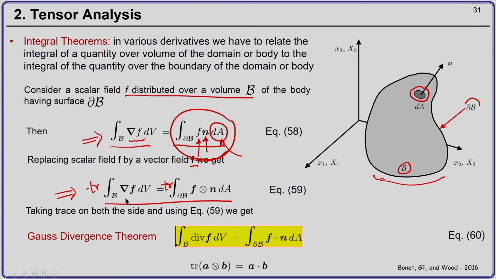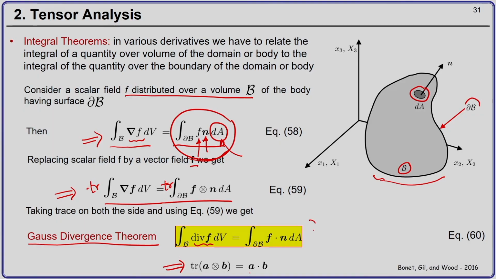Trace of gradient of f is nothing but divergence of f. So, integral of divergence of f over the entire volume will be nothing but trace of f tensor product n, and using this property, the trace of A tensor product B is nothing but A dot B, we will have integral over the surface f dot n dA, and this is nothing but the celebrated Gauss divergence theorem. This will be used very extensively in our coming lectures.